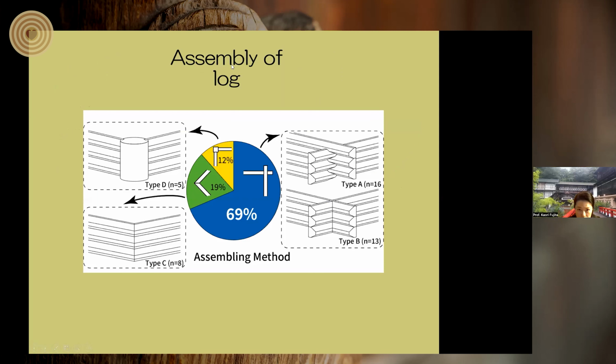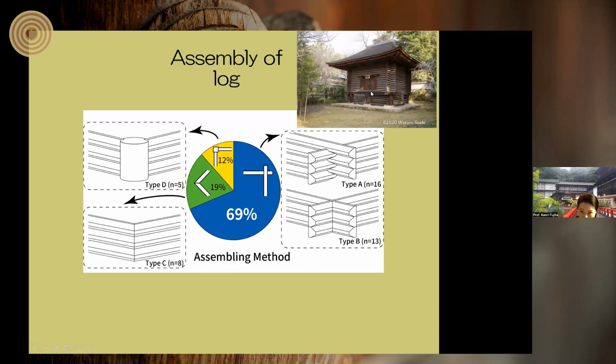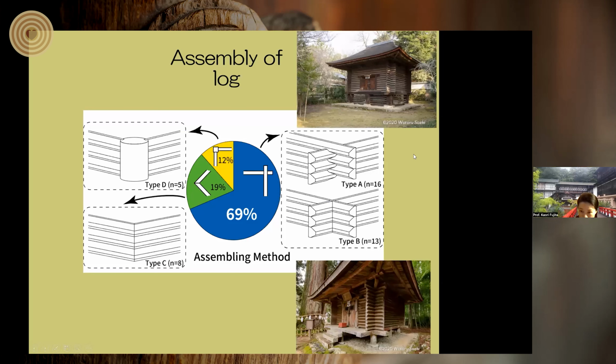And this is the type of assembly of the log. 70% has the logs protruding outside like this. Two examples are seen. The more orthodox ones have the logs stacked on each other, but several have the logs at the same height. This joint is very puzzling, and how this kind of joint is made is very difficult to understand.